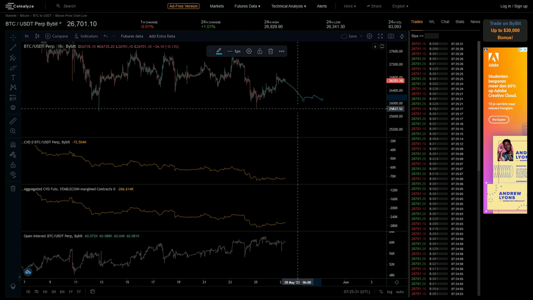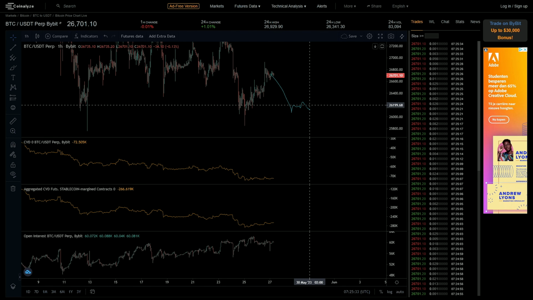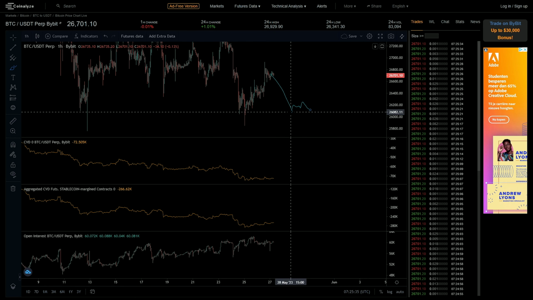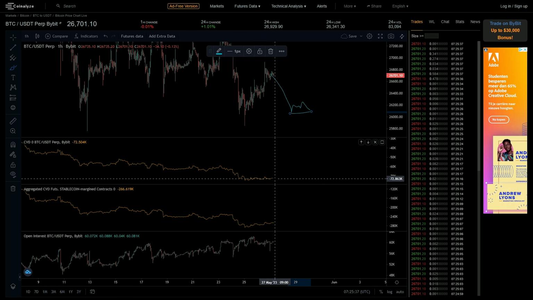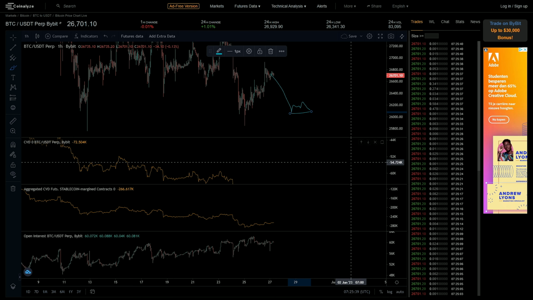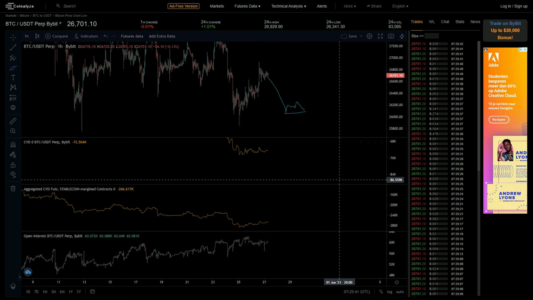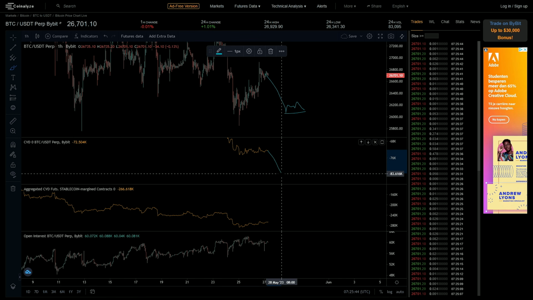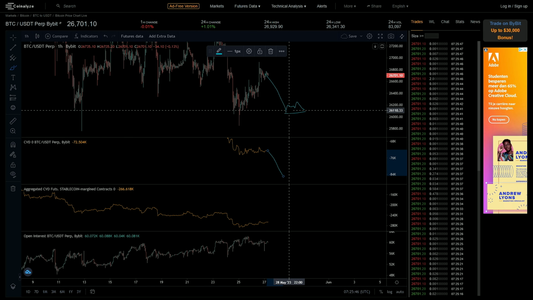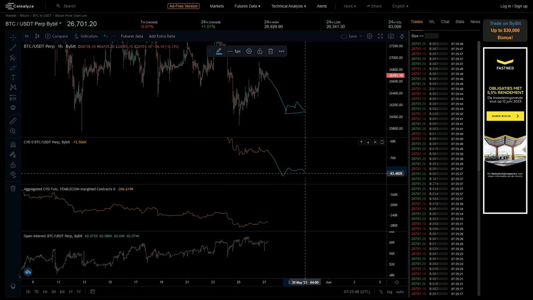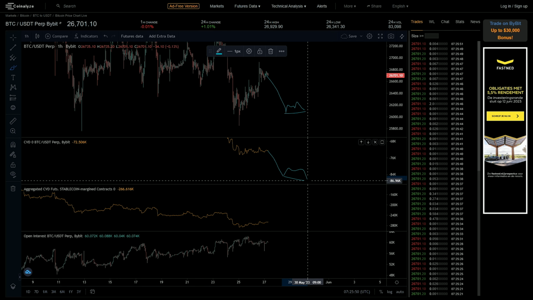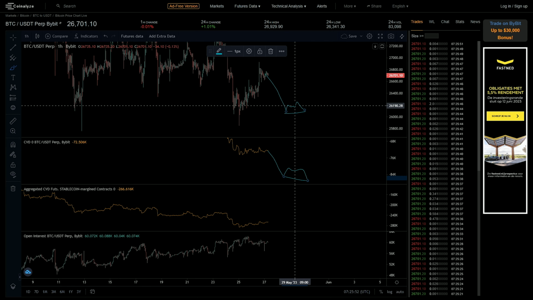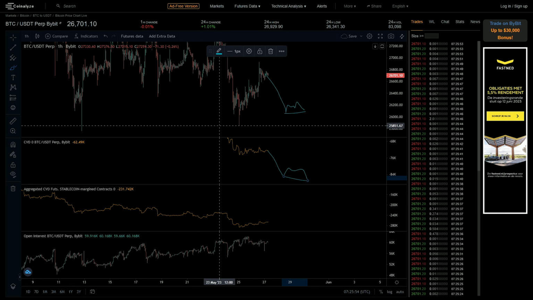While we are consolidating, the Bitcoin price is forming higher lows over here. CVD was already, let's do it like this, was already decreasing massively. But over here, while the price is forming higher lows, the CVD starts forming lower lows. Lower lows on the CVD, higher lows on the price action, a potential sign of absorption.